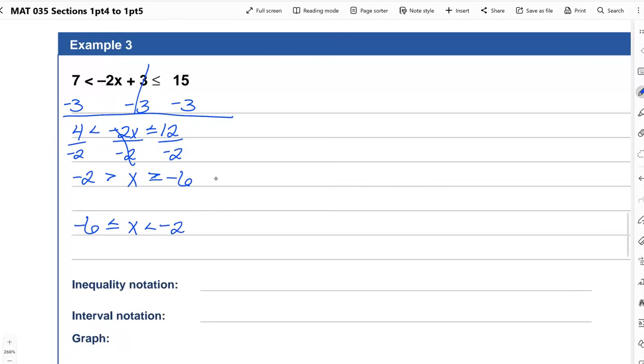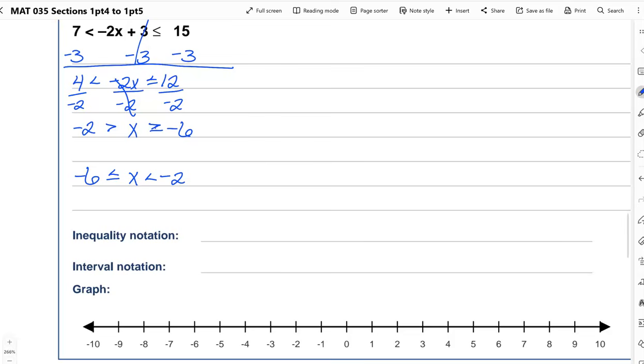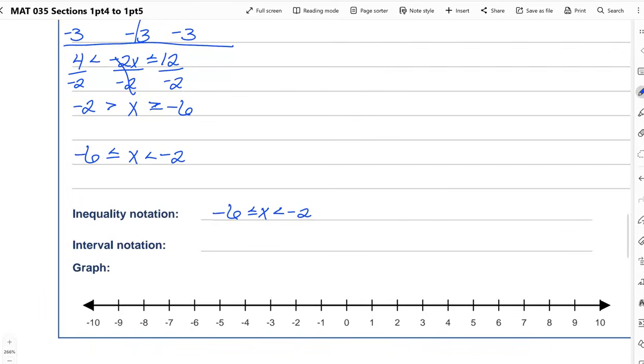So that's equivalent to negative 6 is less than or equal to x, which is less than negative 2. So inequality notation is -6 is less than or equal to x, which is less than -2. My graph is going to have a closed circle at -6, open circle at -2, shaded in between. Interval notation, bracket, -6, comma, -2, parentheses.